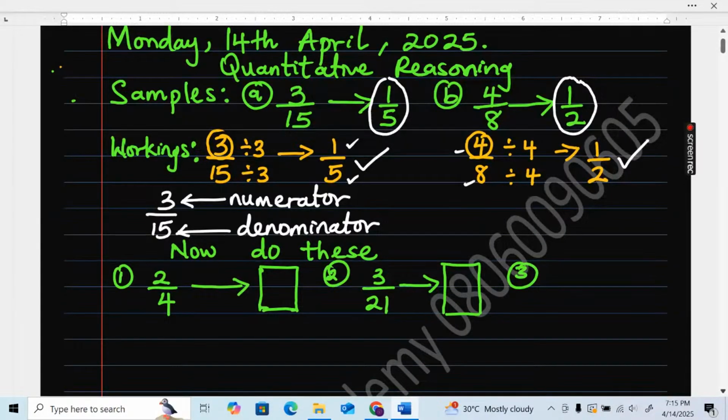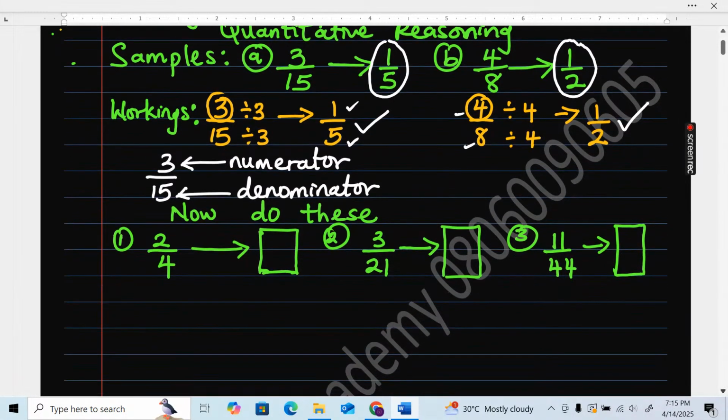For number 3, I have 11 over 44 with an arrow shown to the right. Make sure you show your workings, and I believe you have seen the sample.